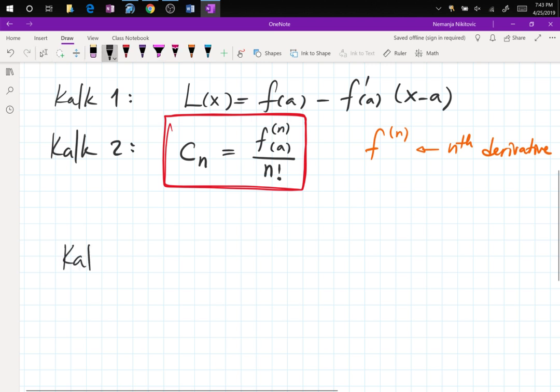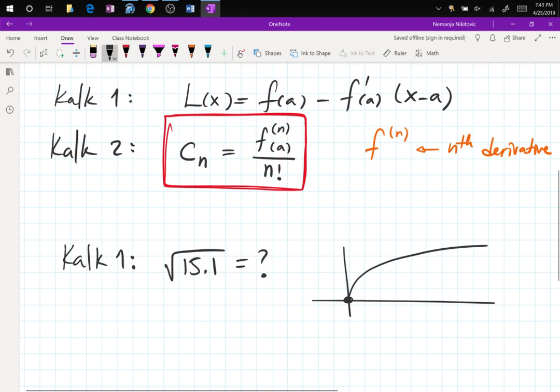Back to Calc 1. What is the square root of 15.1? Now, when I draw the graph for a square root, somewhere over here I'm going to have my 15.1, and whatever the value is for the y would be the answer for this.